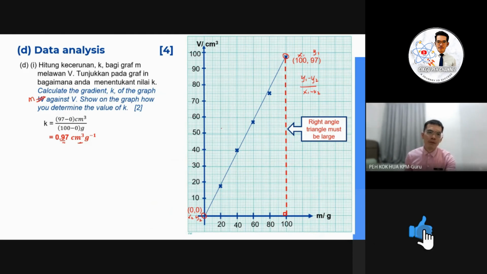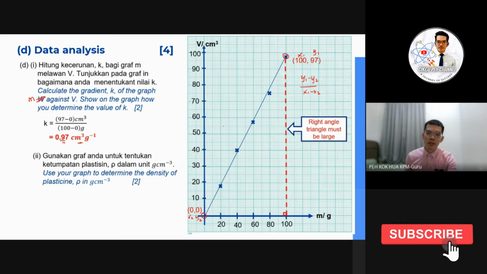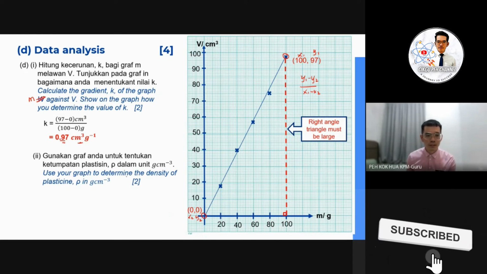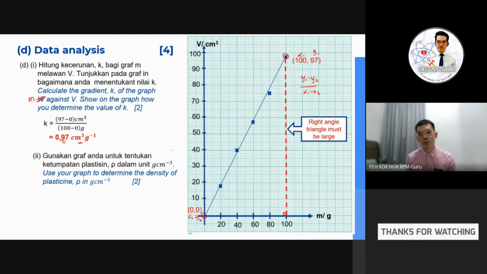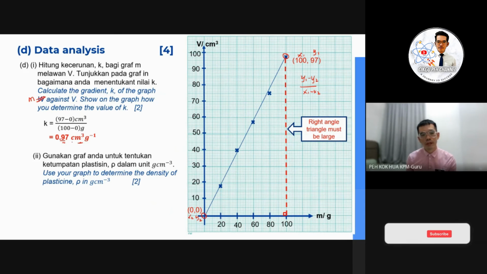Okay, and the last question here will be another 2 marks for determining the density of the plasticine by using a graph here. So how can we get the density through our graph? You can look at the unit for the gradient here. As we know, the density is equal to mass over volume.